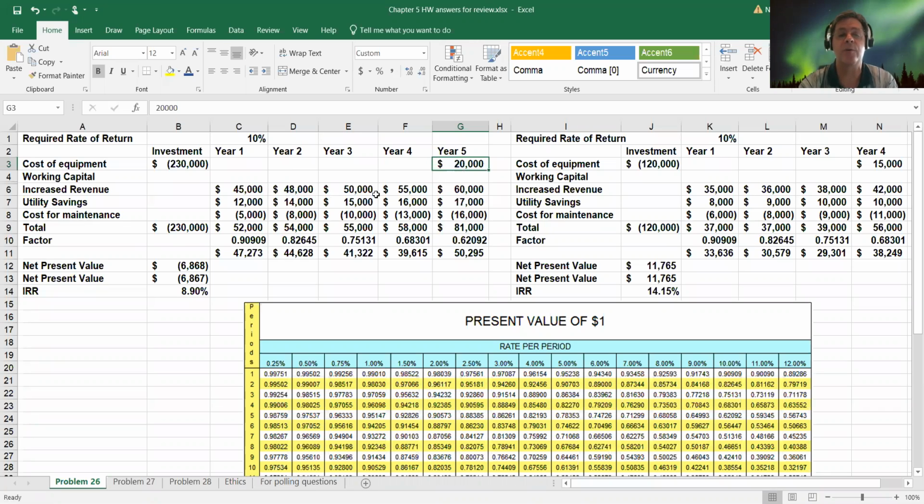We have our increased revenue, which was given, your utility savings. And again, you don't have to put these in any particular order. For whatever reason, I always think of revenue first and then any expenses or changes in expenses next.